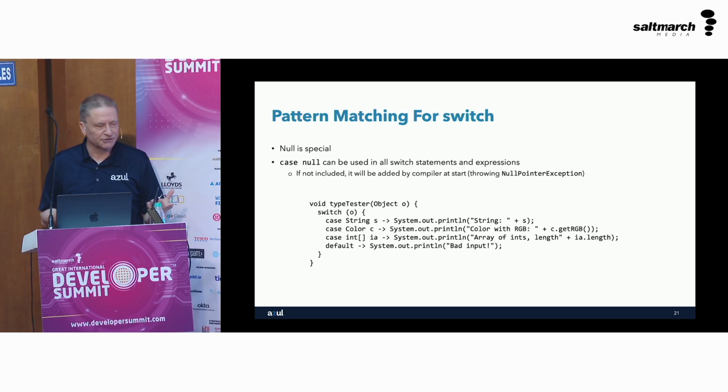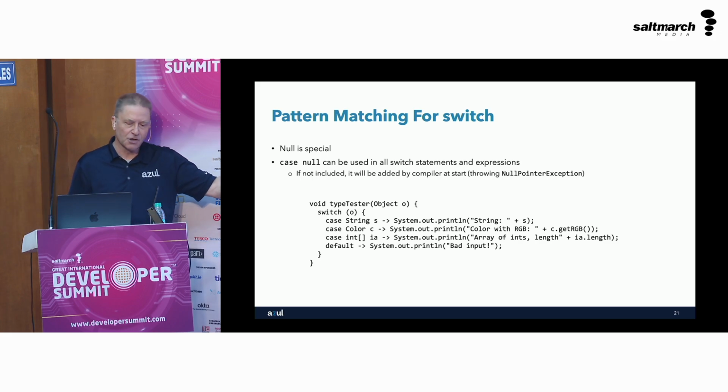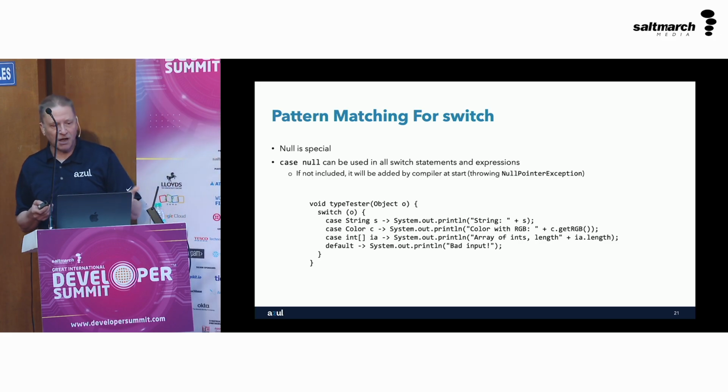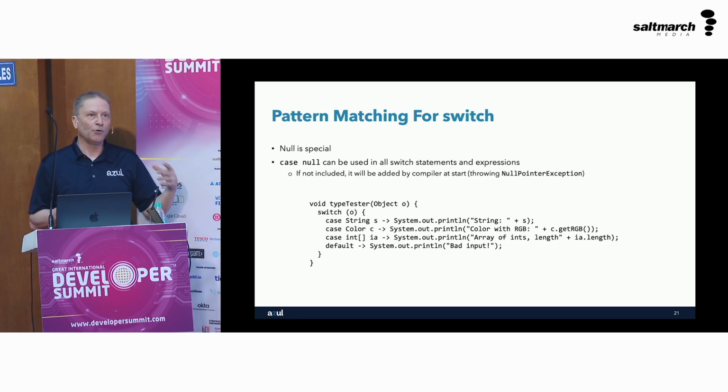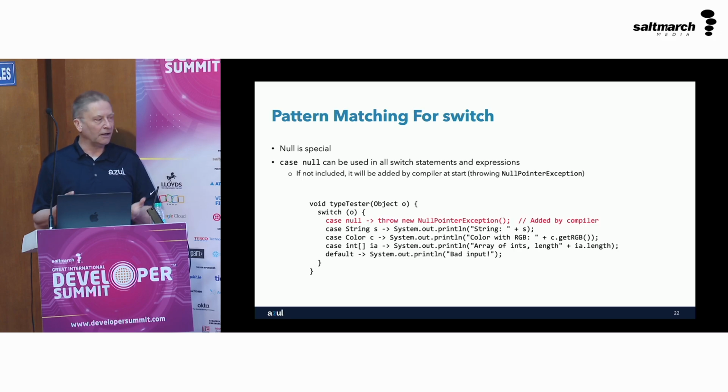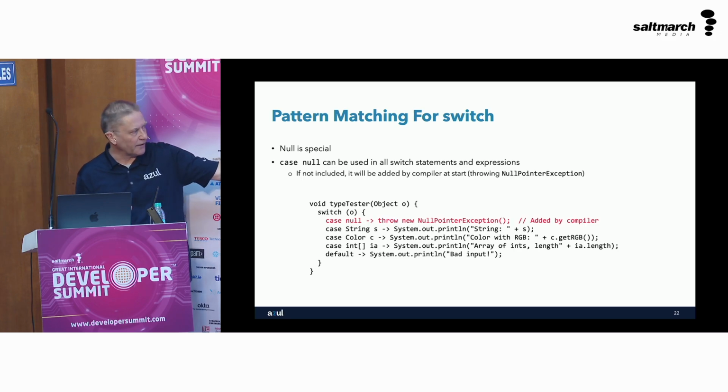This is what happens now. If I have a switch like this, where I'm only catching String, Color, int array, or anything else, if I pass in a null to that, what I actually get is a null pointer exception. So to get that to work, the compiler will effectively insert this line for me at the beginning to throw a null pointer exception.